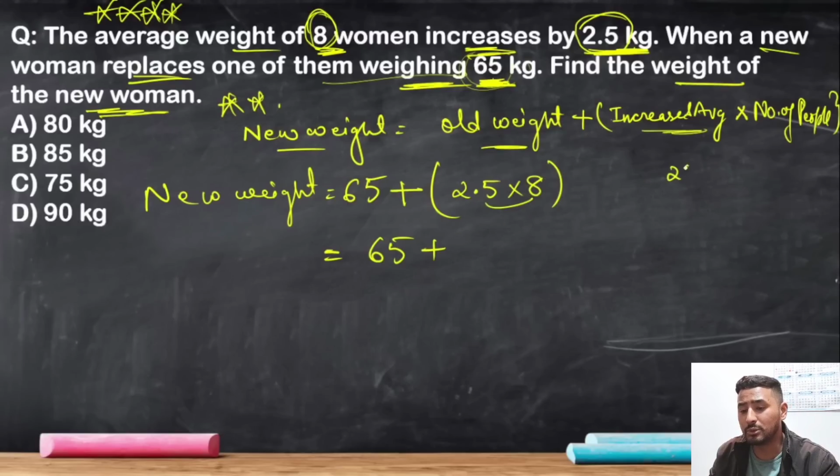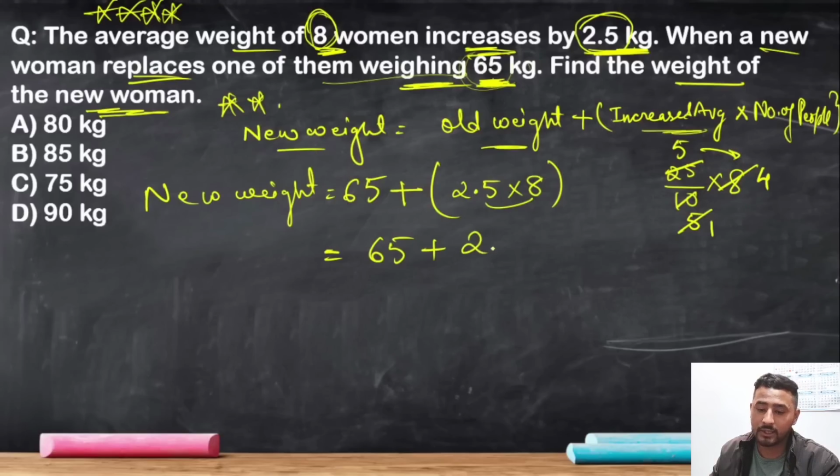If you are confused, you can do 25 by 10, just remove the decimal, into 8. Cancel: 2 4s are 8, 2 5s are 10, then 5 5s are 25. Then multiply 5 into 4, we get 20. So 65 plus 20 is 85 kg.